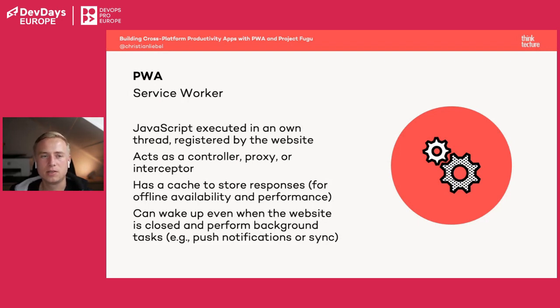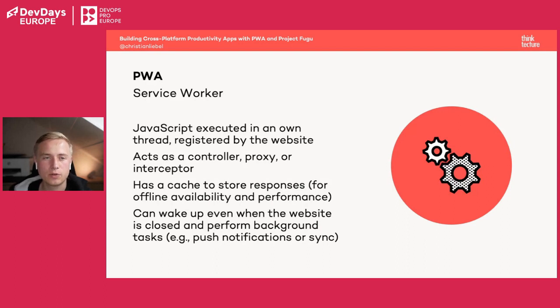The service worker also has a cache where it can store responses. Combining those two technologies, acting as a proxy and having a cache, allows us to implement the offline capability, because if we load the entire contents of the app into the cache on the first visit, we'll then be able to load the application directly from our local cache.